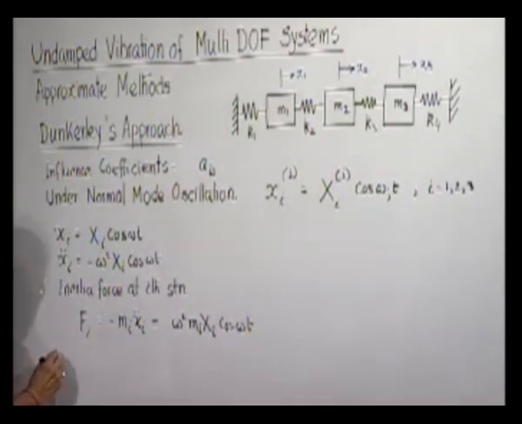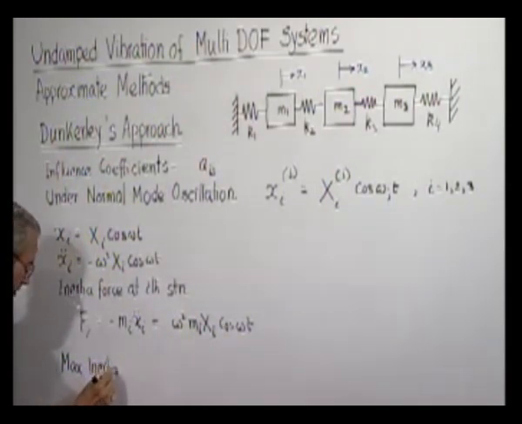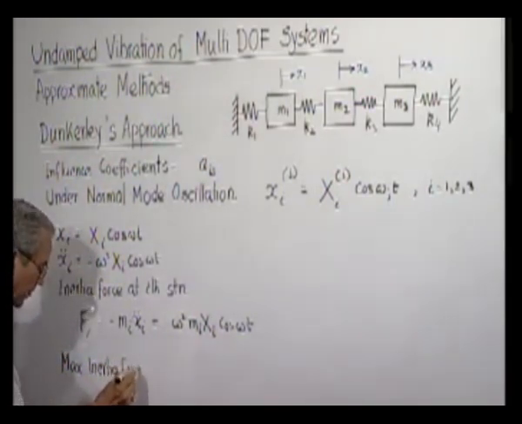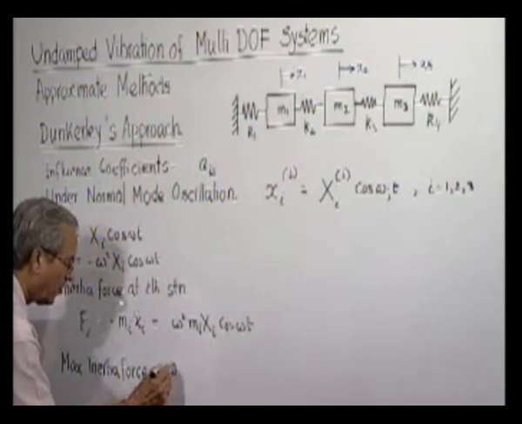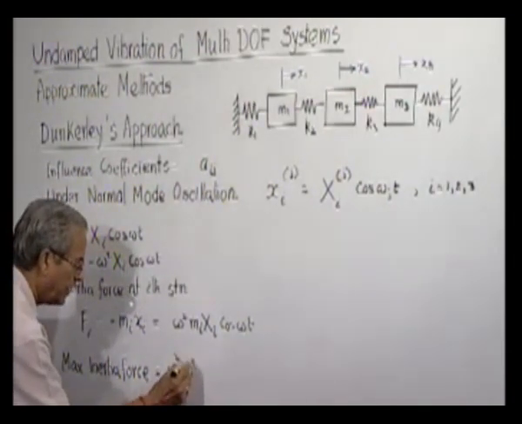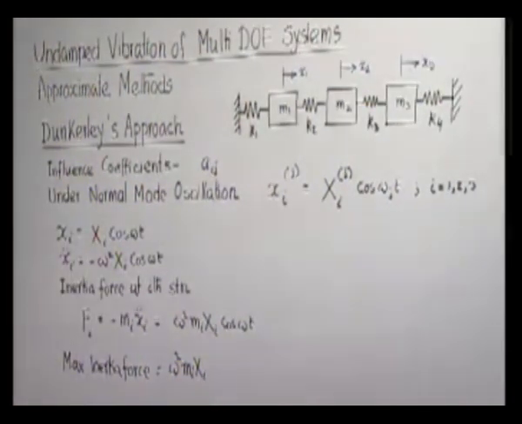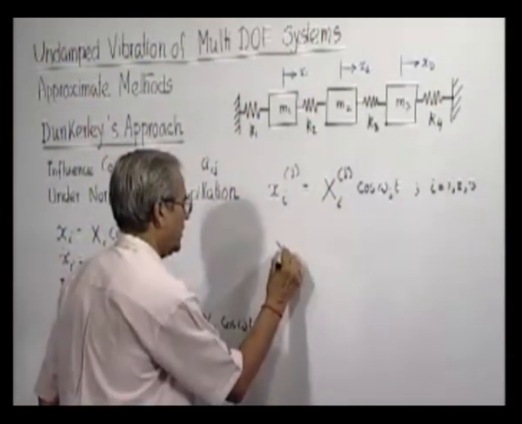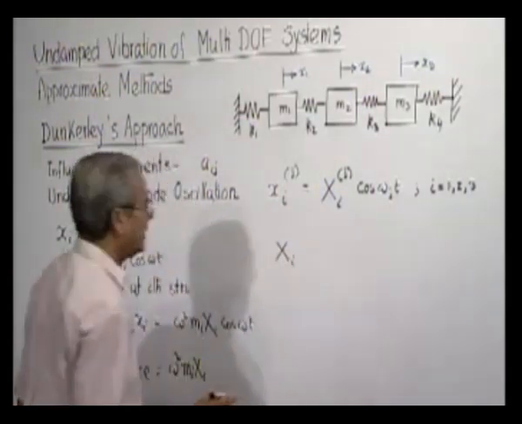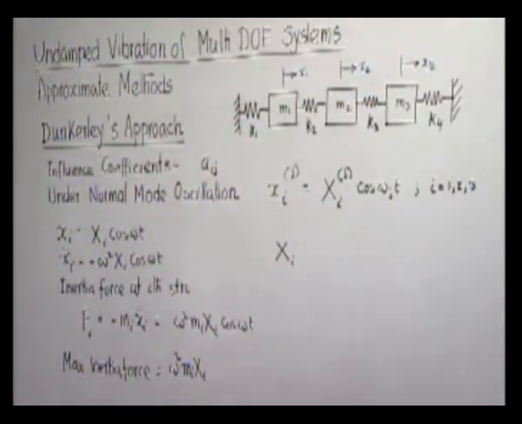So, maximum inertia force is equal to omega square mi Xi. At this instant, the deflection at the ith location will be due to all these inertia forces, because there is no other external force acting.